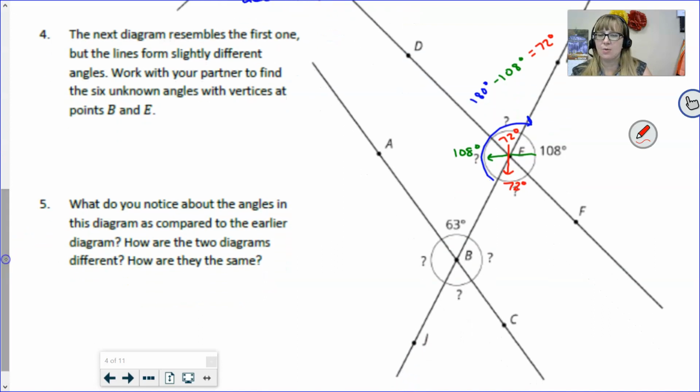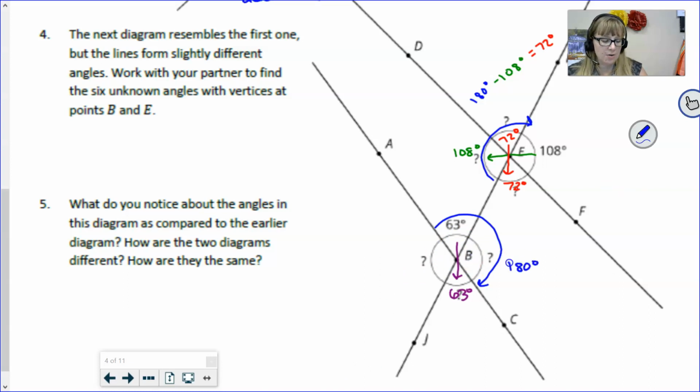Now let's switch to the lower angles, the angles surrounding B. And here we can see 63 degrees, so I know vertical angles are congruent. This is also going to be 63 degrees. And understanding that we still have supplementary angles, we have a straight angle here, 63 degrees plus something is going to add up to be that 180 degrees.